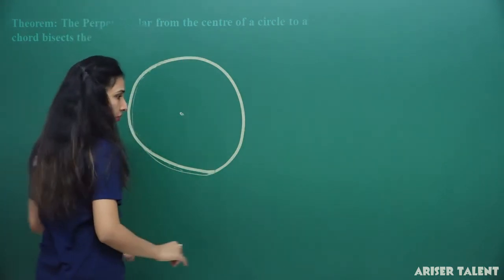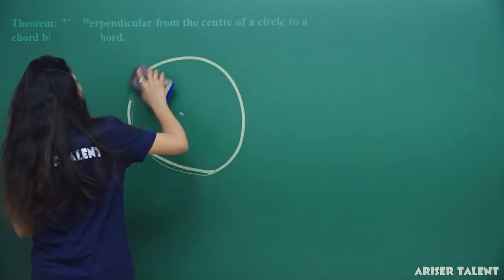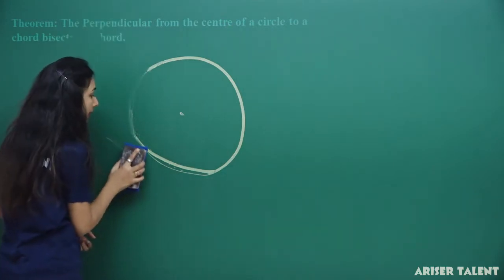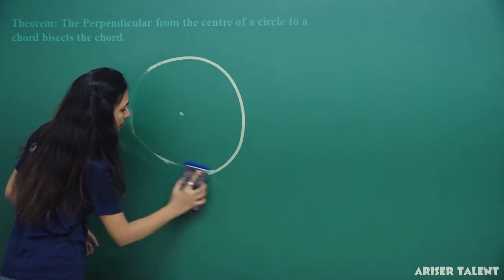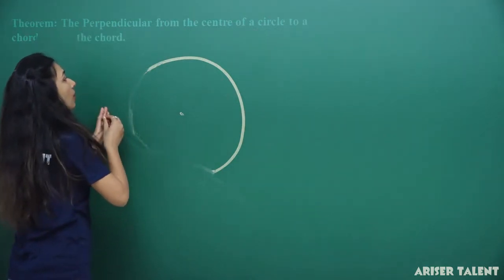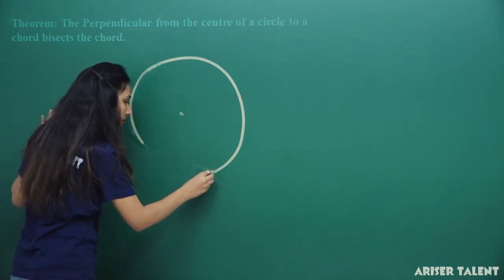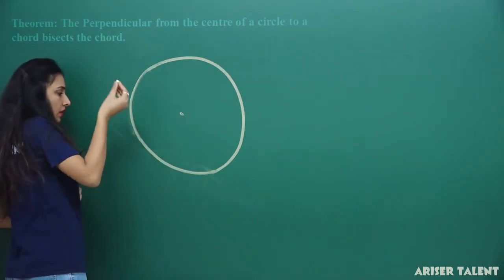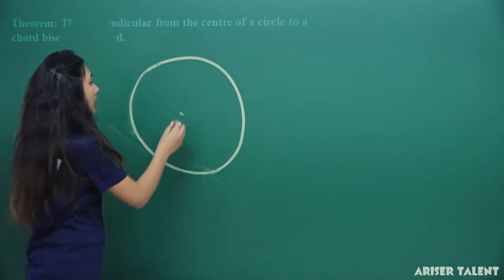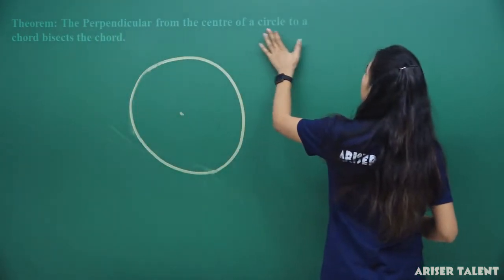Just for your convenience, I am correcting it. Now this is a good circle of ours. Now it's saying that the perpendicular from the center of the circle.